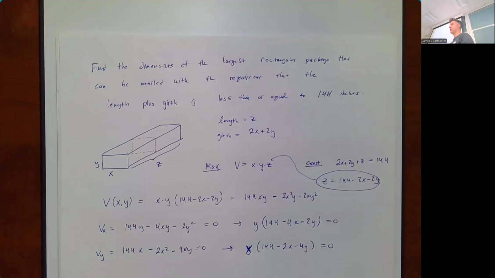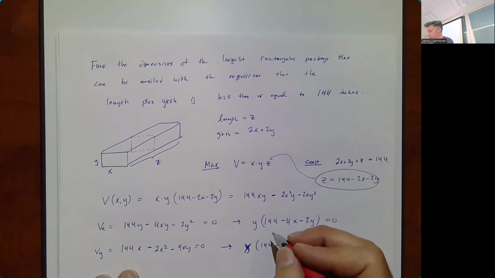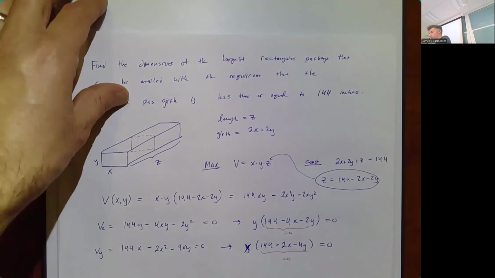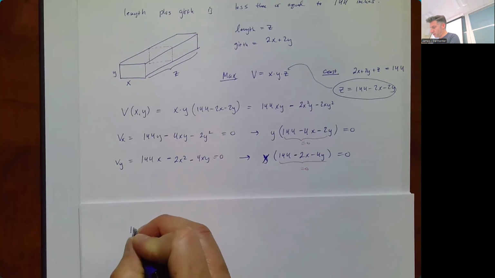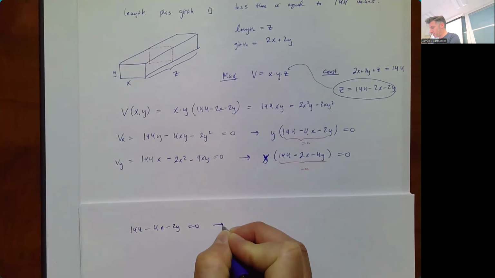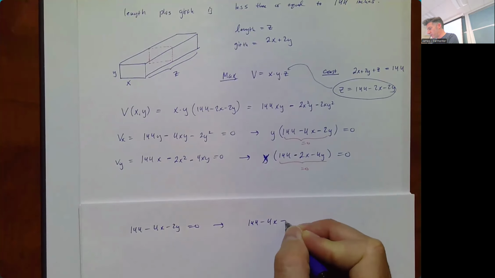We're seeing the same thing we've seen the last two times, where we don't really care about X or Y being 0, because again, we're trying to maximize the volume of this shape. So we're going to set this equal to 0, and this equal to 0, and then we're going to try to solve that system. This one's not too terrible. So we set 144 minus 4x minus 2y equal to 0. I'm just going to say that I have 144 minus 4x equal to 2y.